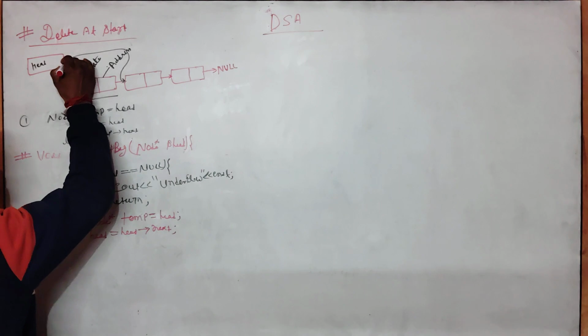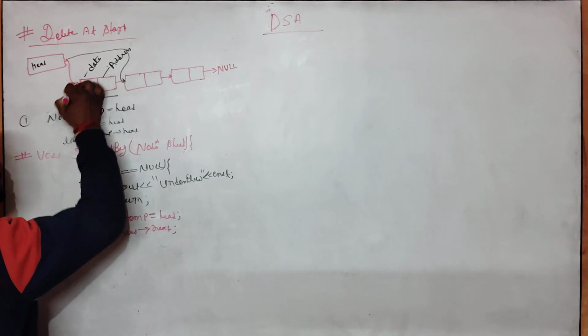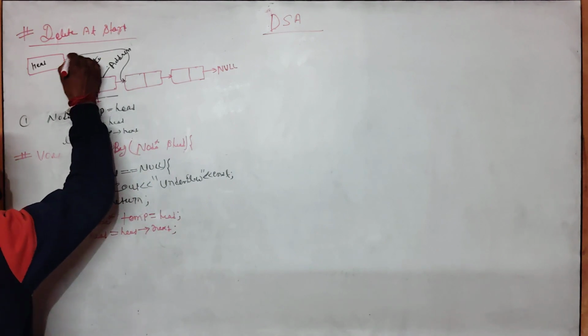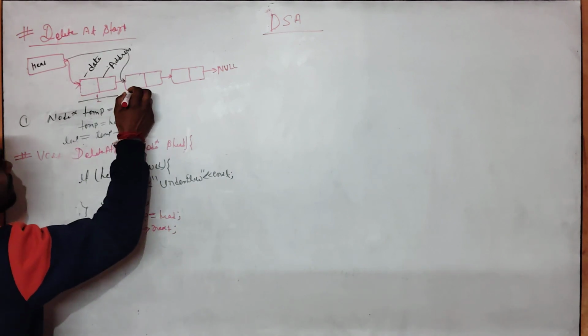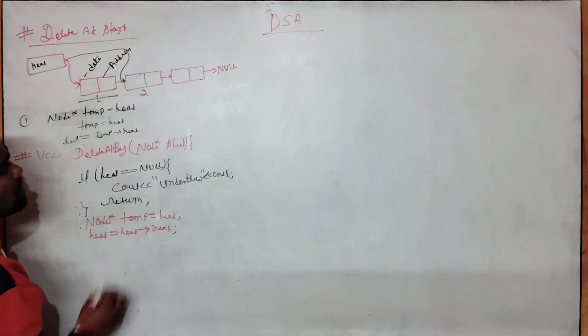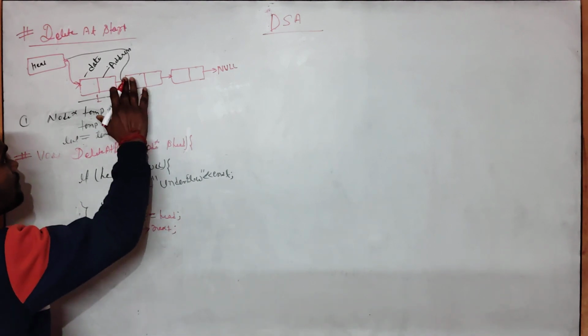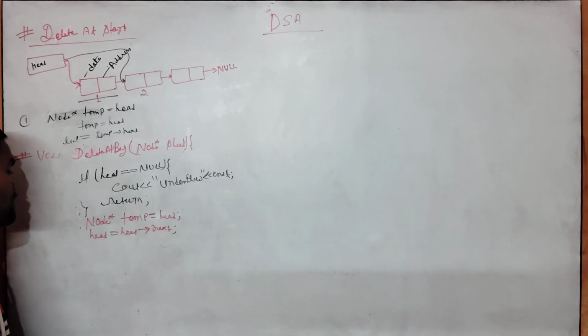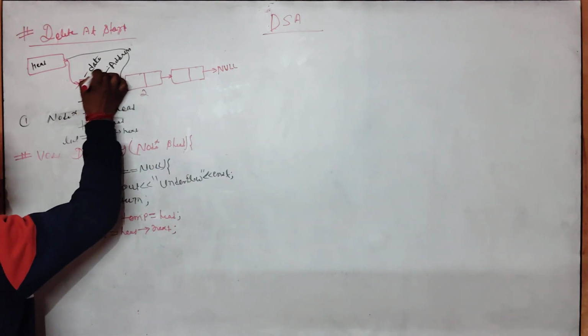Previously the head pointed to the first node. Next, what will you do here? I am pointing it to node number 2. After that, what will you do? We just free this space.